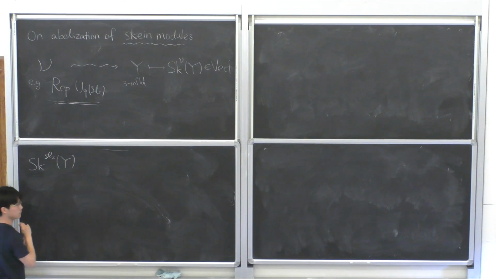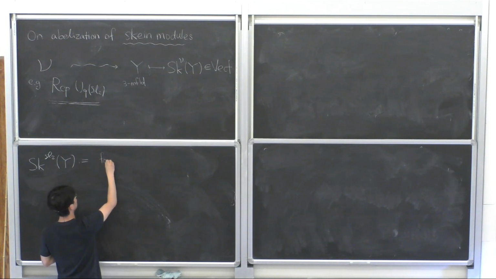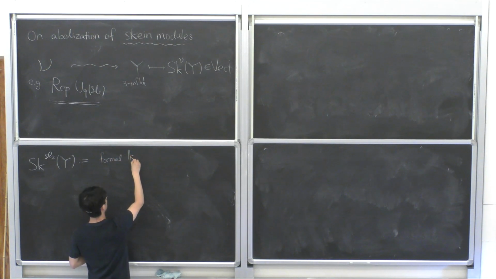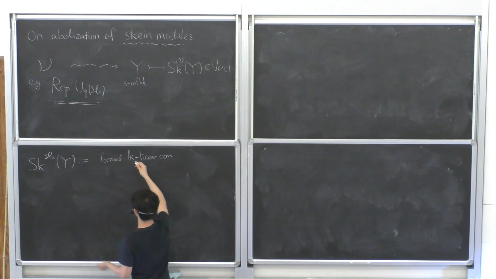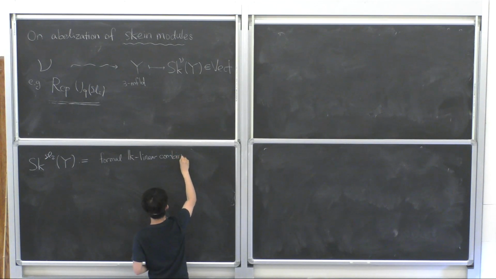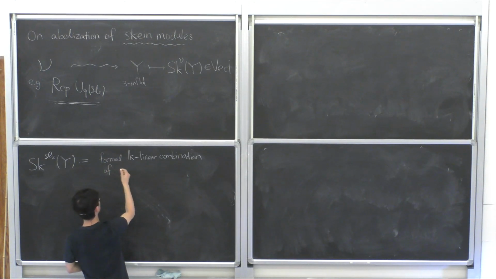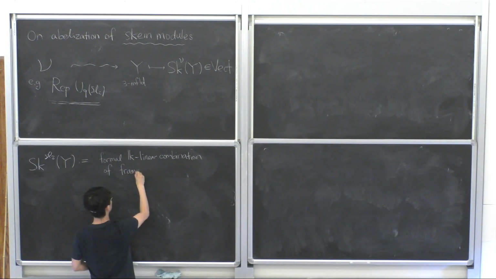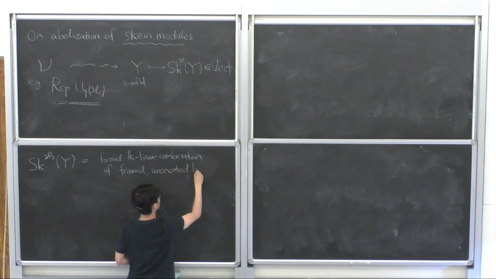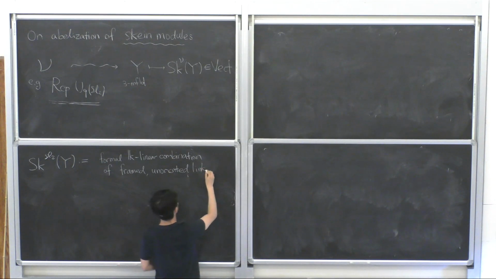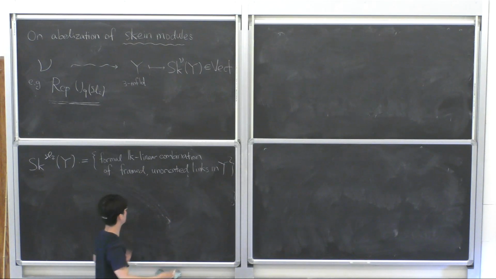The Skein module of Y is defined to be the formal k-linear combinations, where k is the choice of a base field, of framed unoriented links in Y. So this itself will be a huge vector space.